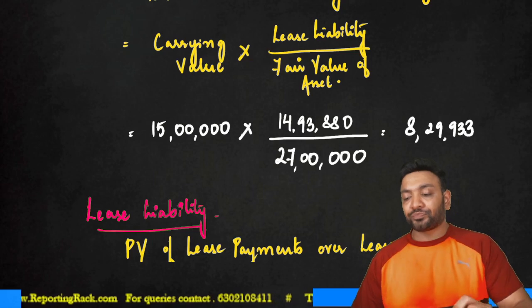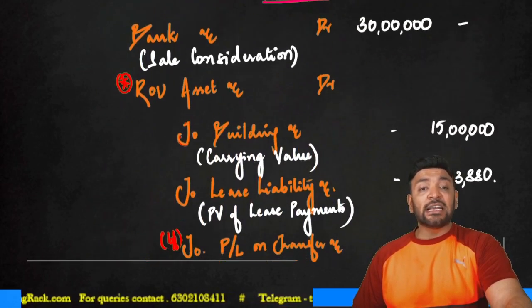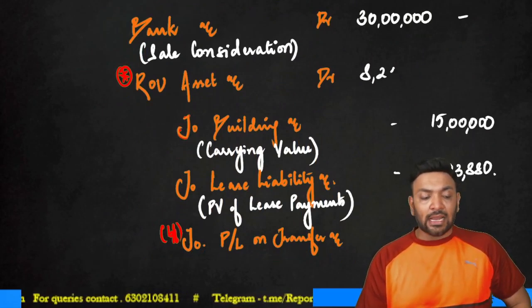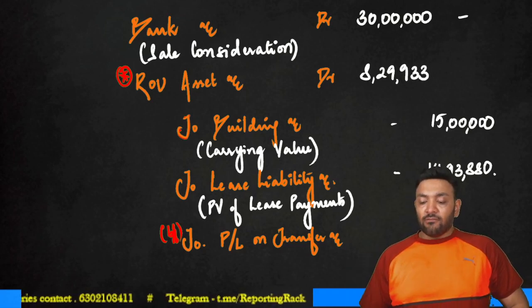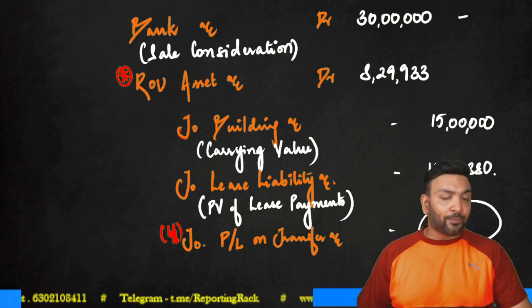That gives 8,29,933. That is the portion of carrying value which is retained by the seller lessee. Find out the difference, which should be the profit or loss to be transferred to P&L.